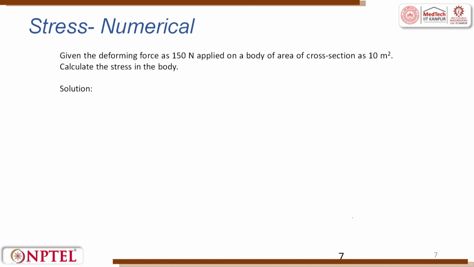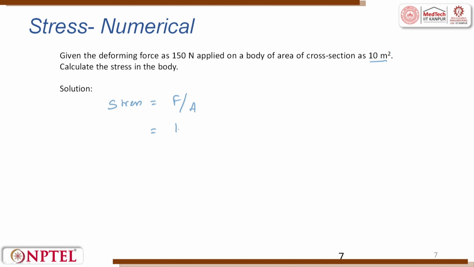So, now let us try to make an attempt at solving a numerical. Given the deforming force as 150 Newton applied on a body with a cross section of 10 meter square, calculate the stress of the body. Stress is nothing but force applied per unit area.